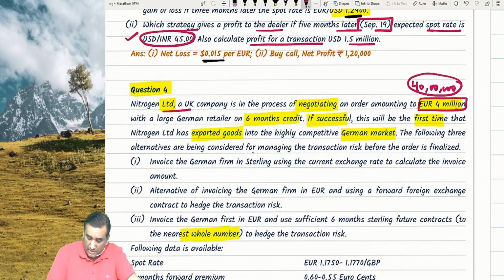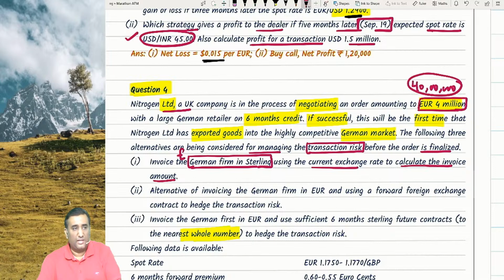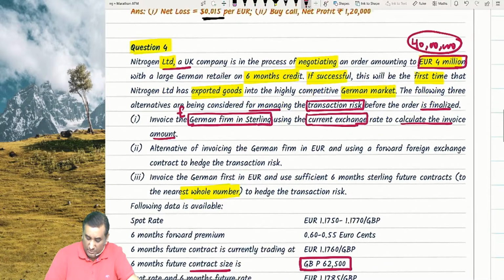Solving three alternatives for managing the transaction exposure. The options are: invoice the German firm in sterling, invoice the German firm in pound, at the current exchange rate, calculate. The billing currency is not a challenge there. The party has no worry about it. 40 lakh, you can bill at the current pound rate, give the bill in pound.